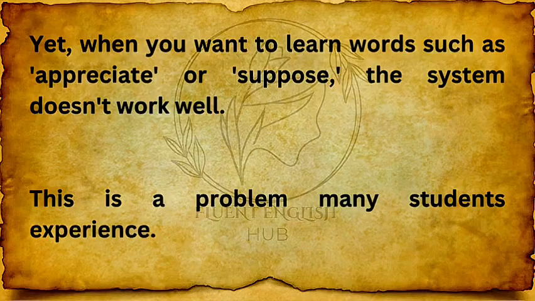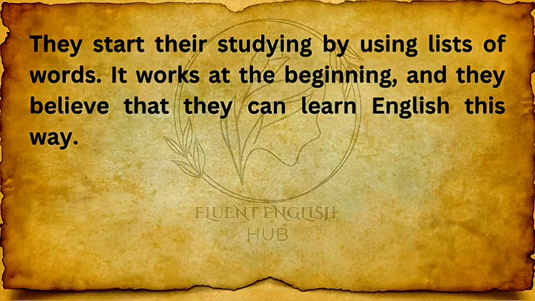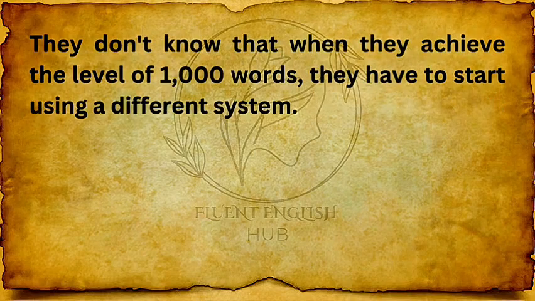This is a problem many students experience. They start their studying by using lists of words. It works at the beginning, and they believe that they can learn English this way. They don't know that when they achieve the level of 1,000 words, they have to start using a different system.